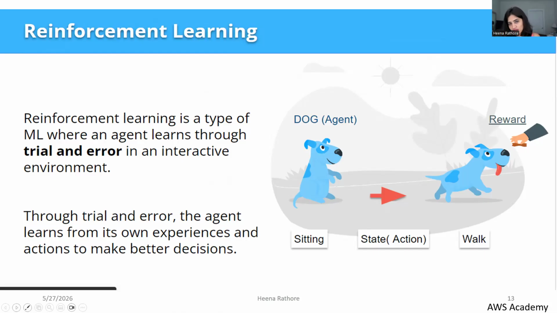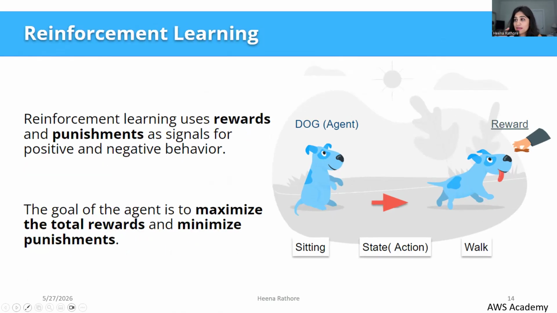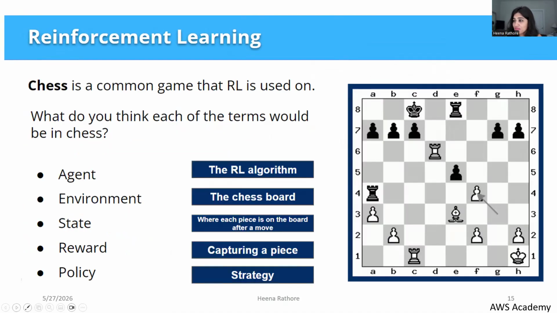It's a kind of reward that you're giving. If they do not bring it, you give a penalty. Either you can scold them or you can just tell them, okay, you did not do well, and so on. So the basic goal of reinforcement learning, as I mentioned, is to maximize the total reward and minimize any punishment. And that's how reinforcement learning actually works.